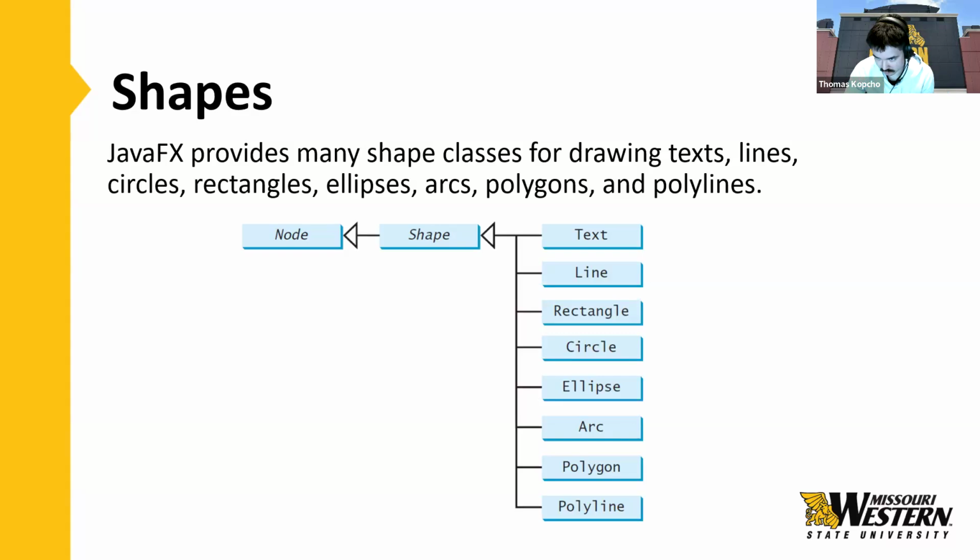Arc, a segment of an ellipse or circle. Polygon, a closed shape with multiple x, y points. Polyline, which is similar to a polygon but remains an open path, so it does not close automatically. You have Text, which is conceptually a text node but inherits from Shape. It can be styled or transformed like any shape.